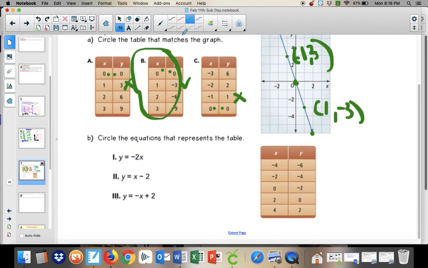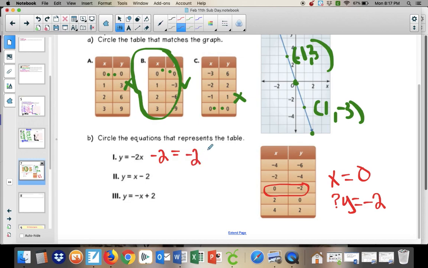But for our equation, let's actually take a point. So I'm going to put in x equals 0, and I'm going to see, does it come out y equals -2? All right, this first one. Does -2 equal -2 times 0? Well, what's -2 times 0? 0.